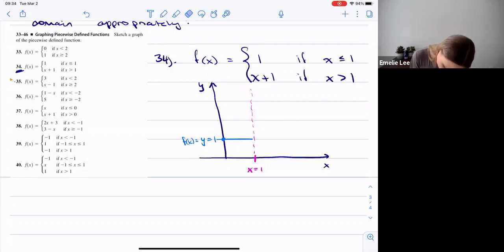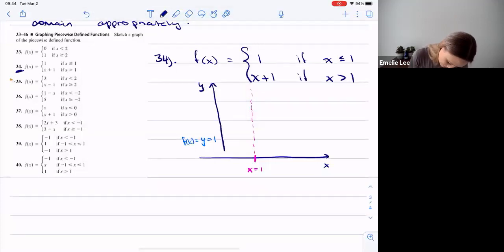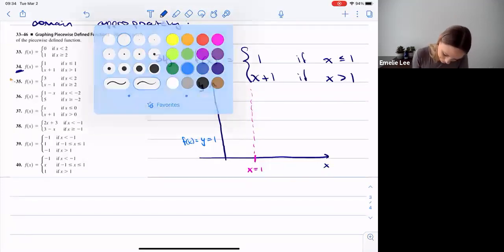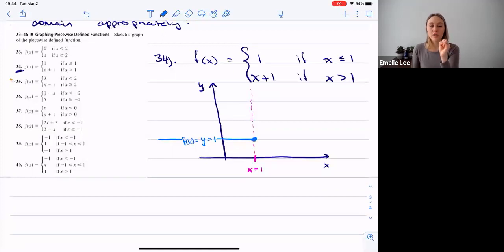And I shouldn't have drawn that dot there, because it might be confusing. Okay. So here I have this line, f of x is equal to 1, and it's going up until x is equal to 1, so I do a closed dot at x equals 1.